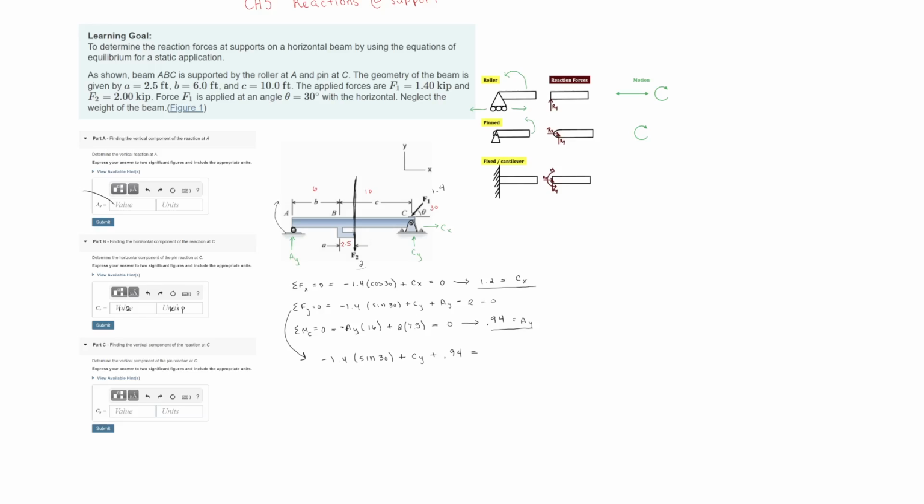Equals 0. Okay, yeah. And then 0.94 minus 2 equals 0. Perfect.